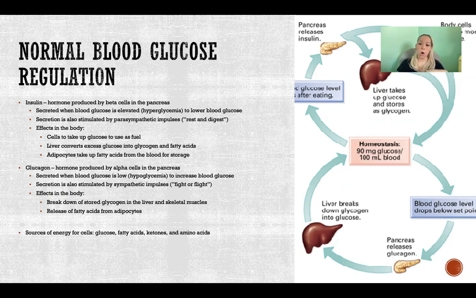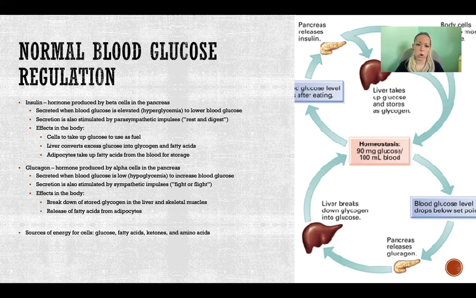We secrete the most insulin when we eat carbohydrates, because carbohydrates, as we break them down, are immediately converted into glucose as we absorb it into the bloodstream. Then we secrete a moderate amount in response to protein, because although protein is broken down and absorbed as amino acids, we can easily convert those amino acids into more glucose as needed.